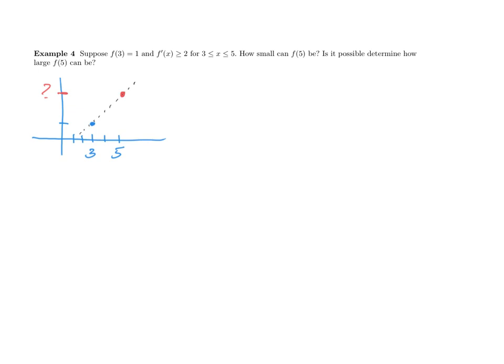We have our function f of x, but we have no formula for it. But what do we know about it? Because we're told this statement here on this interval, we know that f prime of x exists on the interval from 3 to 5. That is an assumption.